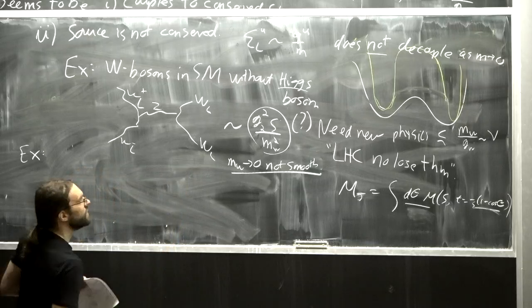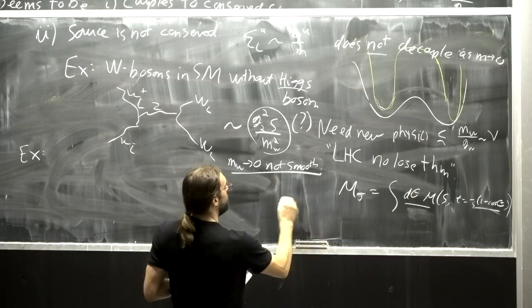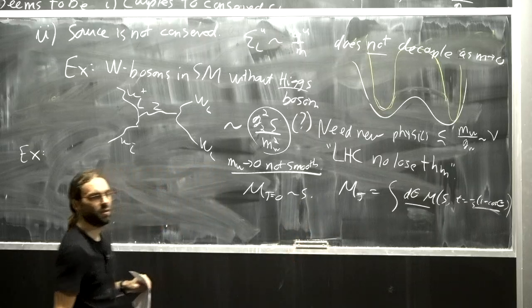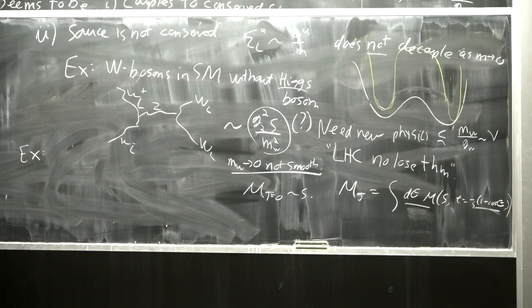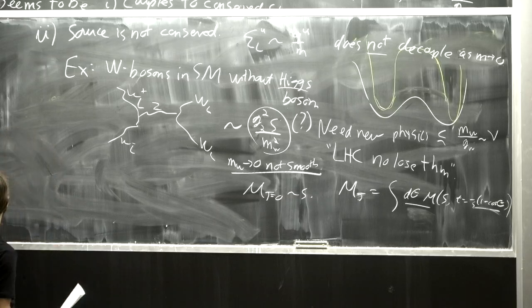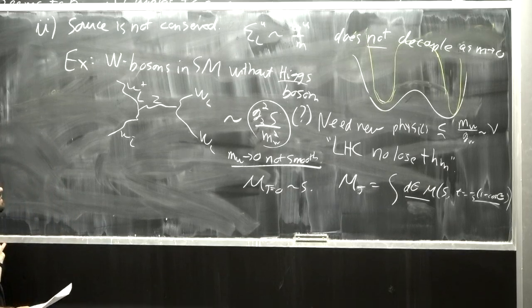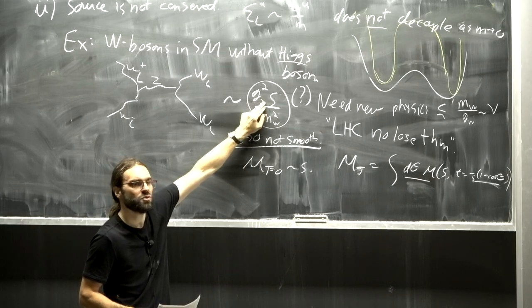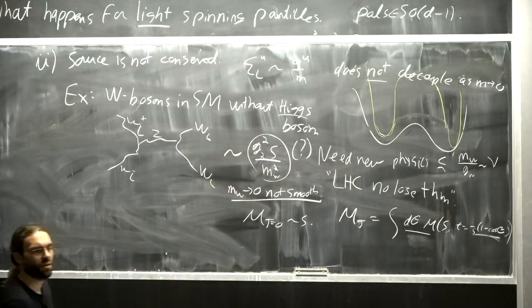Okay, but the statement is that the M projected on J equals 0 grows with s. Yeah, no, I think it's just this S. When you project to spin 0, you get that S basically out.